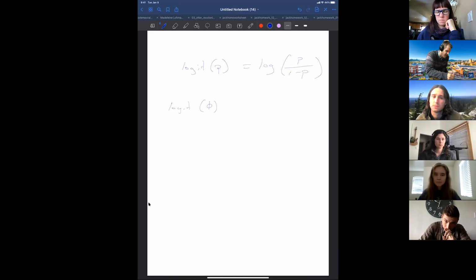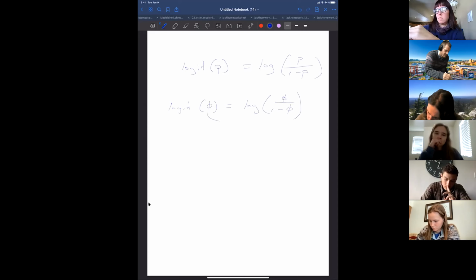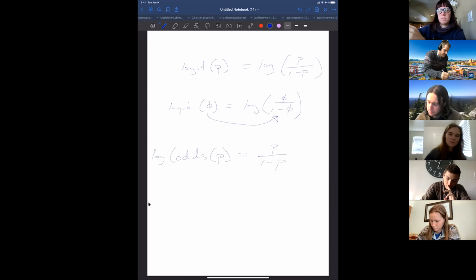If we use parameter psi, it just equals the log of psi over 1 minus psi. So you get the idea, right? If we wanted to write this out, we take the log and do the odds. So the odds of p equals this, and then we take the log of both sides here.